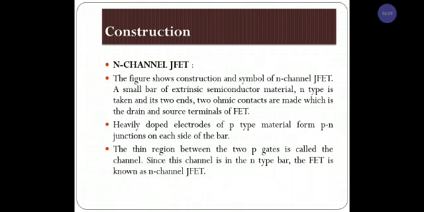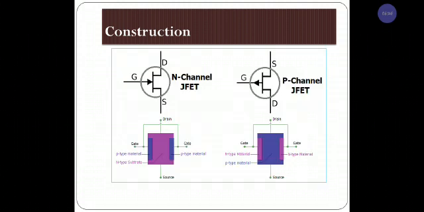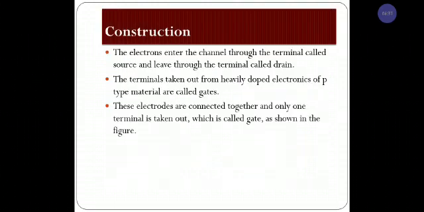The thin region between the two P gates is called the channel, since this channel is responsible for the conduction process. So you can see here the channel, that is the N channel JFET and the P channel JFET. The electrons enter the channel through the terminal called the source terminal and leave through the terminal called the drain terminal.